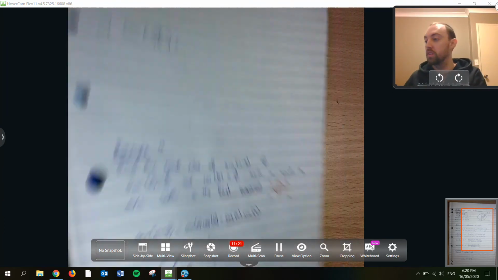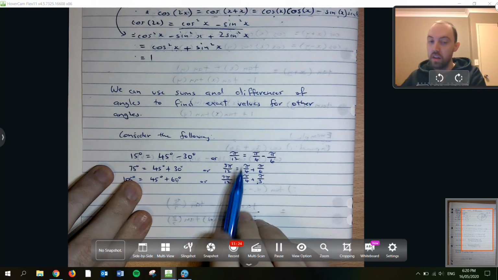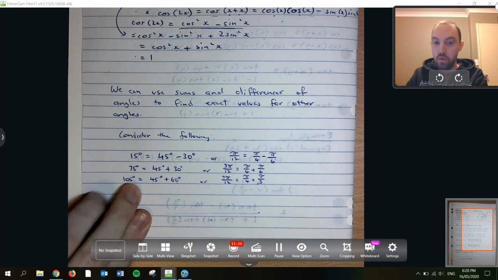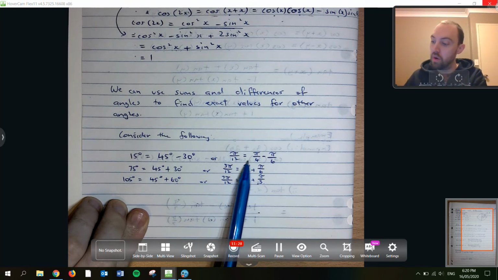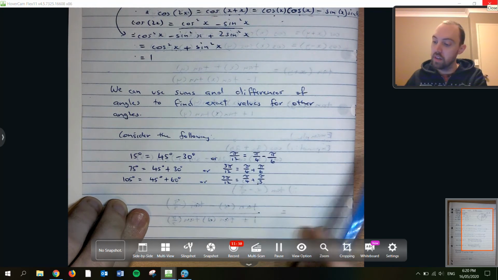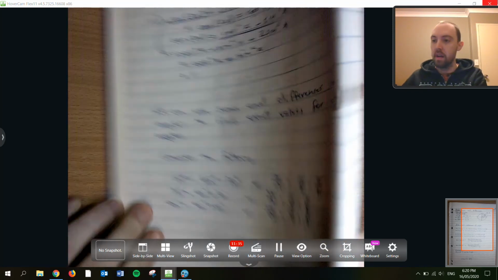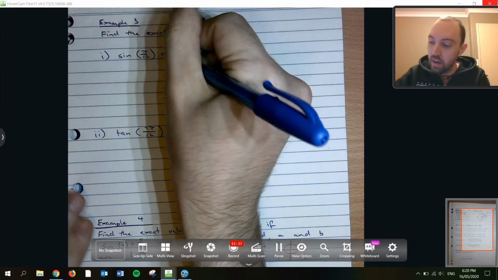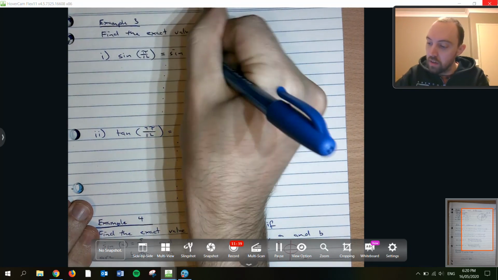Now you'll notice that I did the radians here as well. Alright, pi on 12 is pi on 4 plus pi on 6, or you might like to convert it to degrees. In fact, I might do that for simplicity. It's the same as sine of 15 degrees.